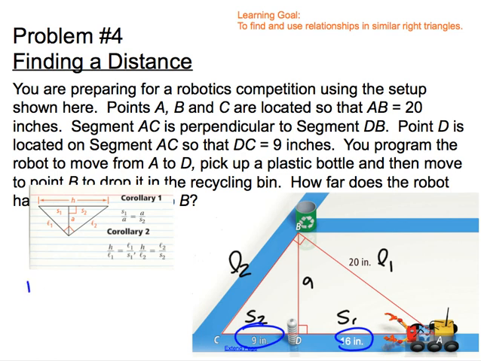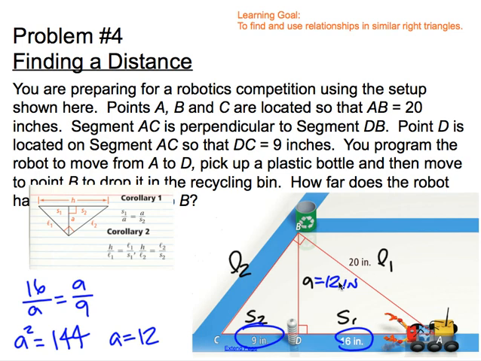We have S1, which is 16, over A, which equals A over 9. Cross multiplication, we have A times A, which gives us A squared, which equals 16 times 9, which is 144. Taking the square root of both sides, we get A equals 12. So this distance is 12 inches.